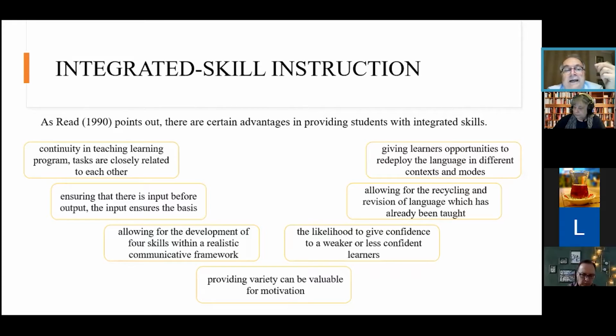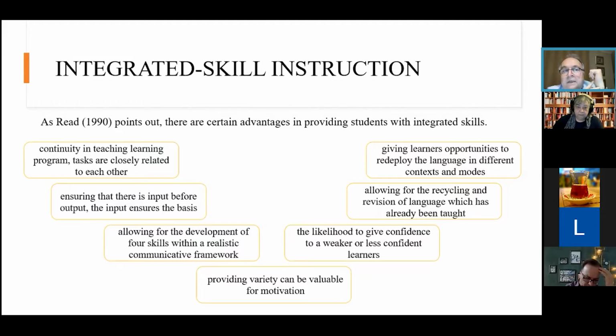Okay, and again, this kind of instruction can provide an opportunity in teaching and learning programs. So in terms of providing tasks, we should make use of tasks. I'm going to talk about task-based learning. Tasks are closely related to each other in this kind of instruction.